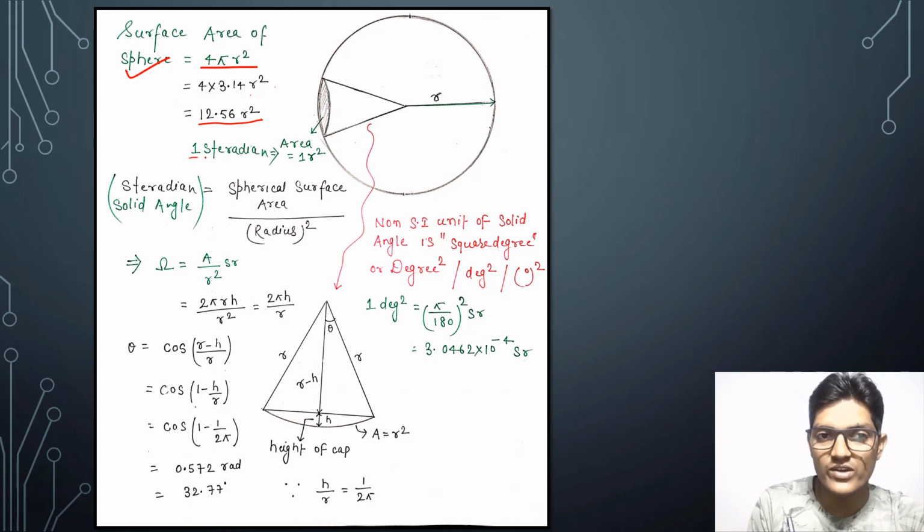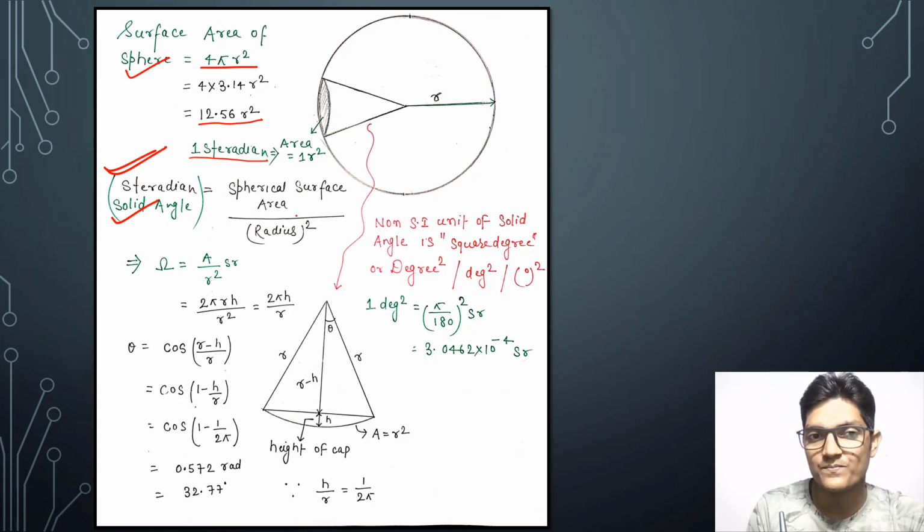So 1 steradian is equal to area, and area is equal to 1 r square, right? So from this formula we can find out our solid angle, which is equal to surface area upon radius to the power 2, and we represent that as our solid angle.